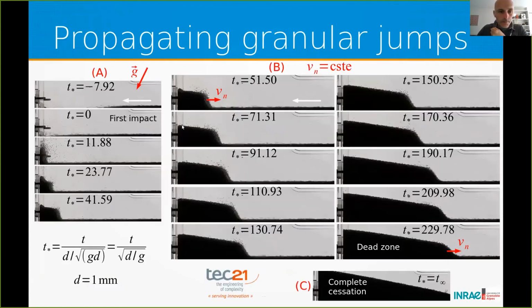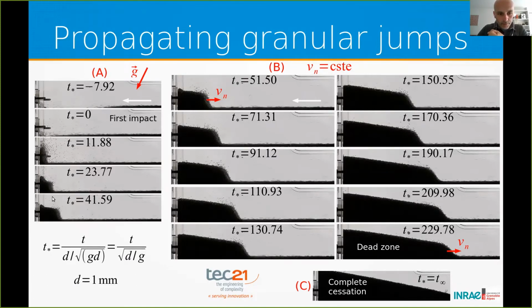I will use the images extracted from this short video, which is a lab experiment, to explain what happens. So at the first time, the flow is arriving, then it impacts the wall. Very shortly, a big jet is formed, a vertical jet. And after a very short time, we see the occurrence of a jump.